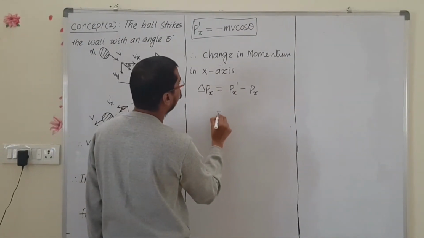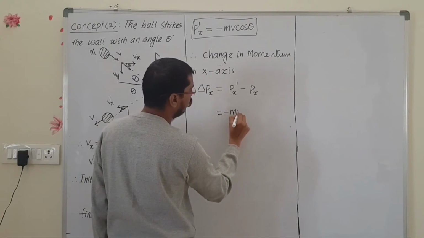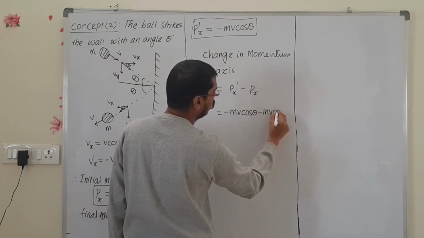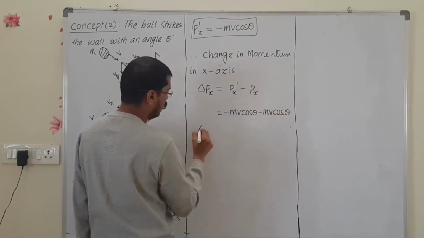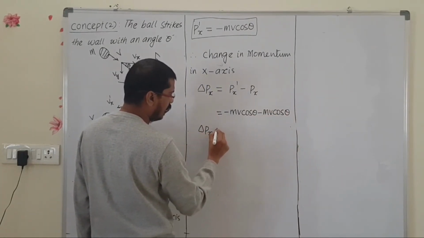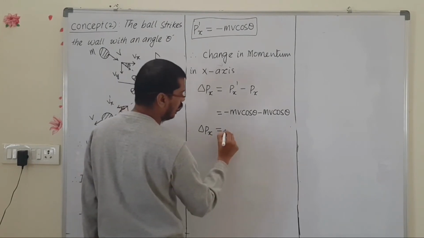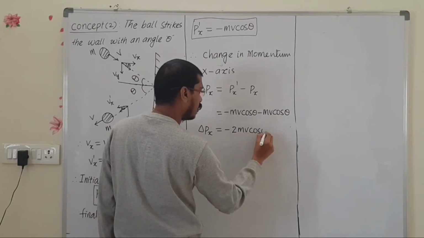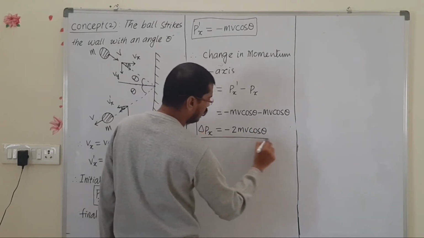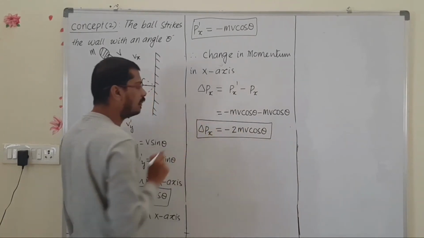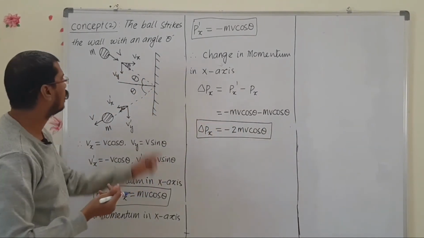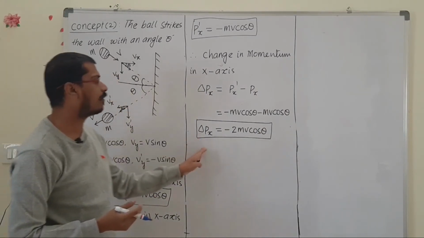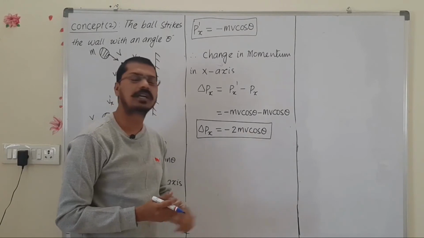The final momentum is minus mv cos theta minus mv cos theta. Now the change in momentum along the x-axis is minus 2mv cos theta. This is the change in momentum along the x direction. Whenever the object strikes with an angle theta, along the x-axis we can use minus 2mv cos theta.